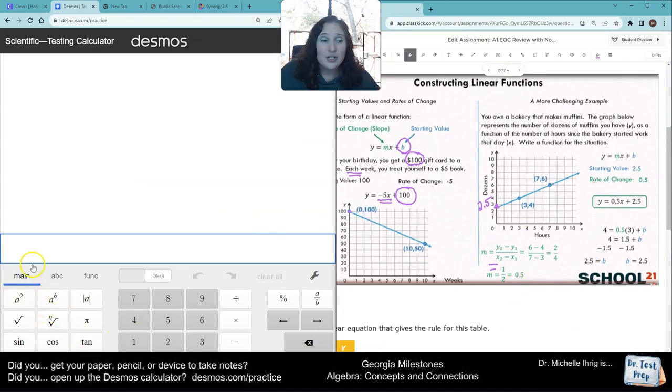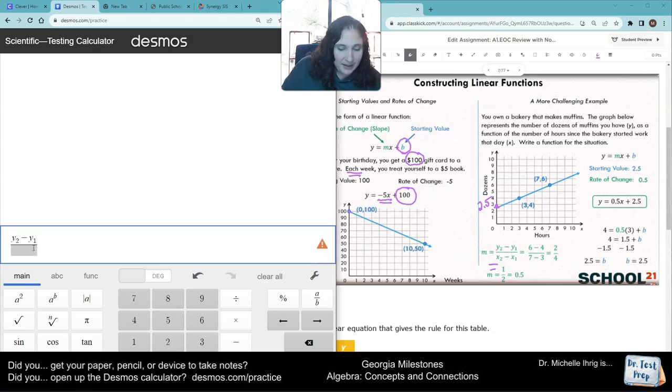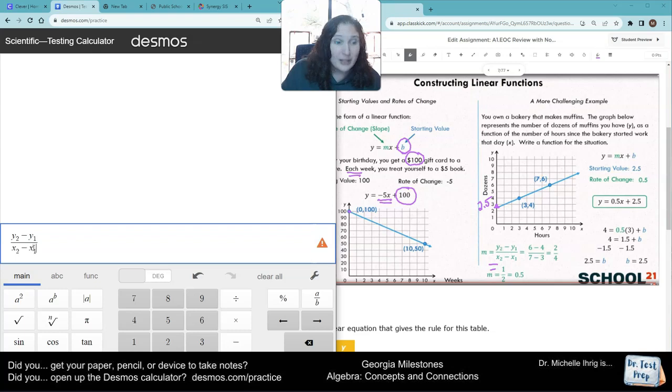Just write the equation. First hit the divide symbol. On the top I have y2 minus y1, and on the bottom I have x2 minus x1. Where did I get that? From the formula sheet. Look at the formula sheet. That's it. It gives it to you.